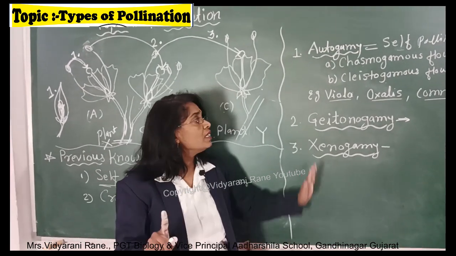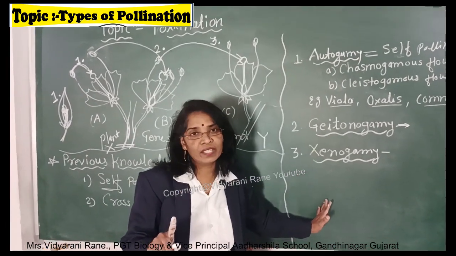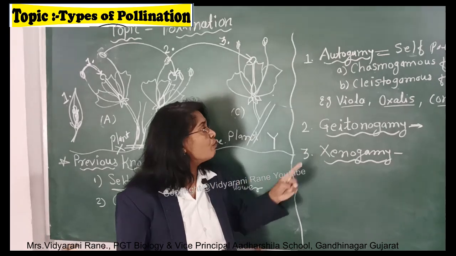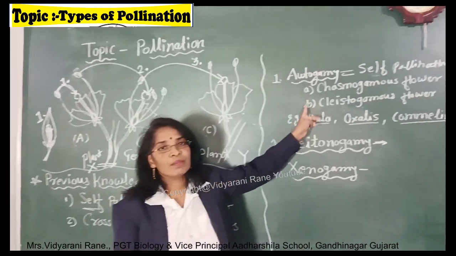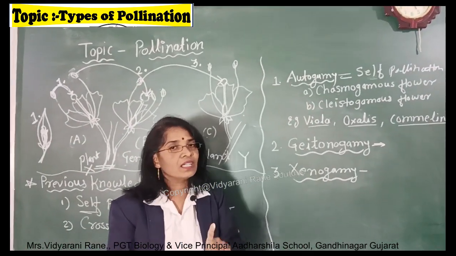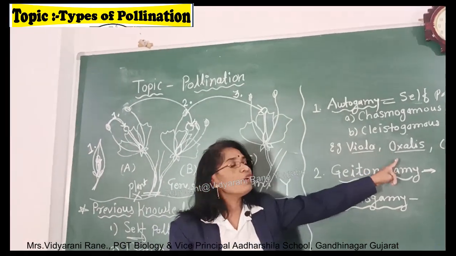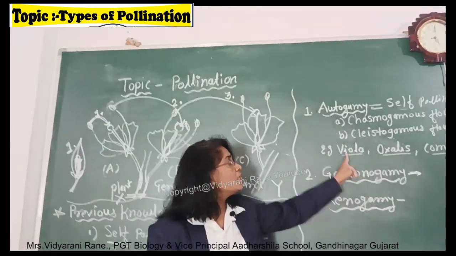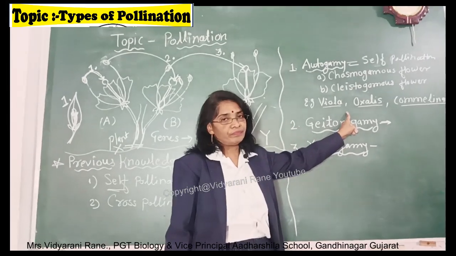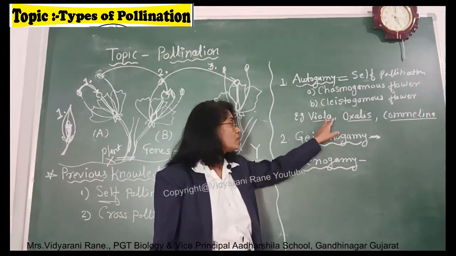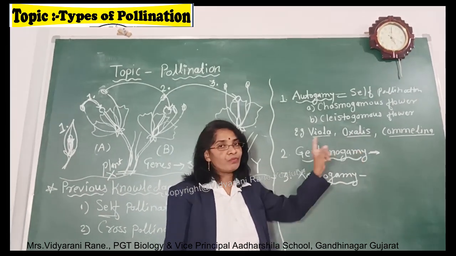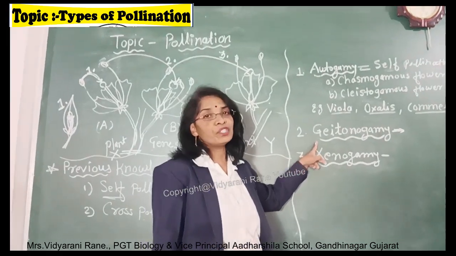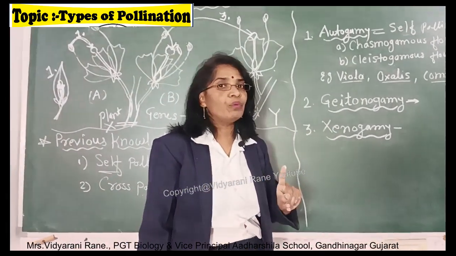A question will be asked on the different types of pollination. This will be asked for 3 marks. As I said, for cleistogamous and chasmogamous flowers, the definition will be asked for 1 mark. The names of the plants in which we can see autogamous pollination, or the cleistogamous flowers, or the 2 types of flowers, these examples will be asked for 1 mark, and the Geitonogamy and Xenogamy definitions will be asked for 1 mark.